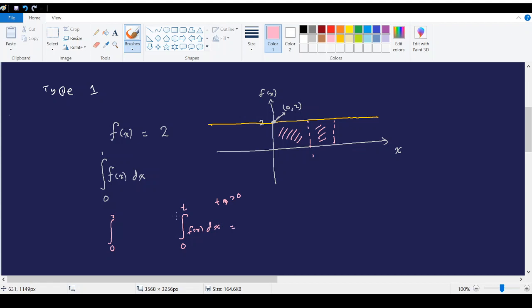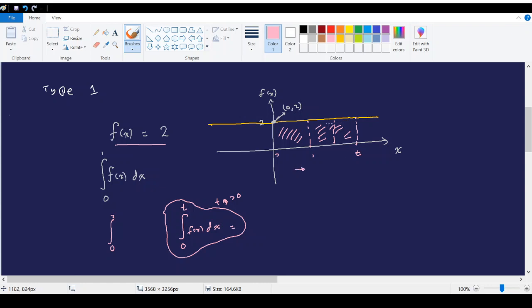So this integral will represent the area from 0 to t of our given function, where in this case the given function is f(x) equal to 2. It will be located to the right of 0, on this side.